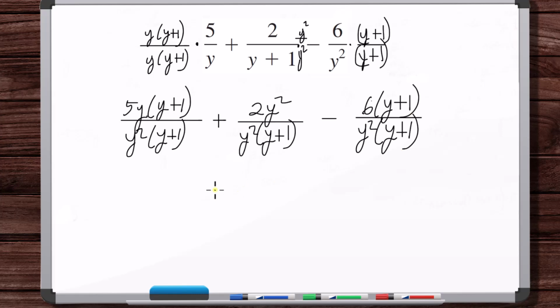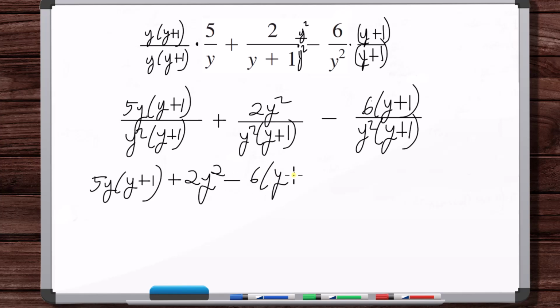Okay, so we've got, then plus 2y squared minus 6. There we go.